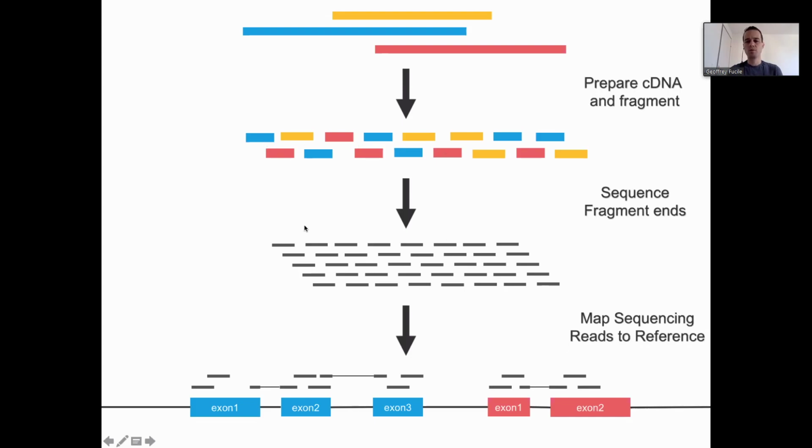So we get a whole bunch of these shorter sequencing reads, and we generally have millions of these for an RNA-seq experiment. For a eukaryote, for a general idea about which genes are expressed and at which level, we usually want something like 30 to 40 million reads per sample. So it's quite a lot of data that we start with here in terms of these reads. And then we map these back against a reference genome.